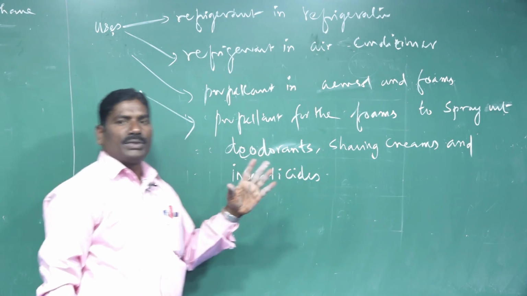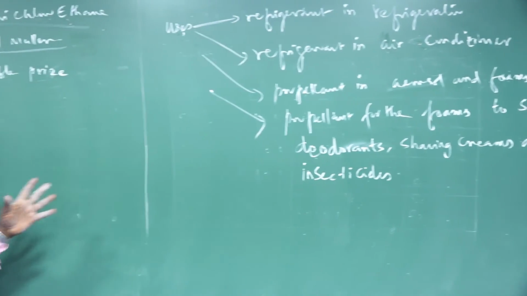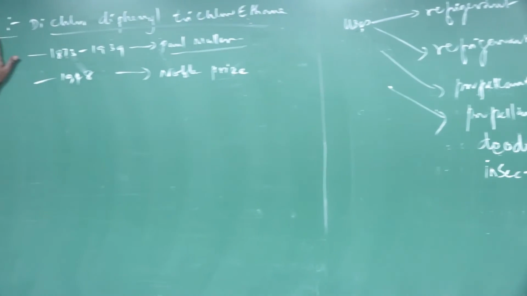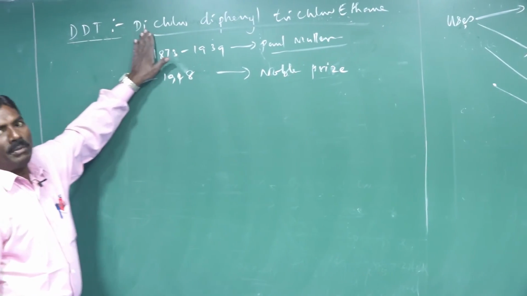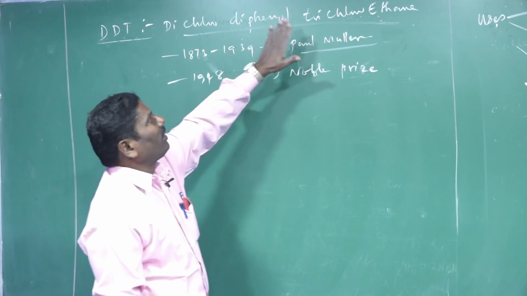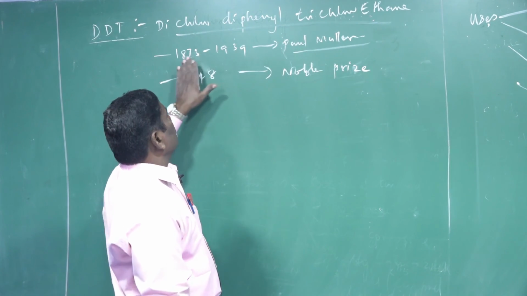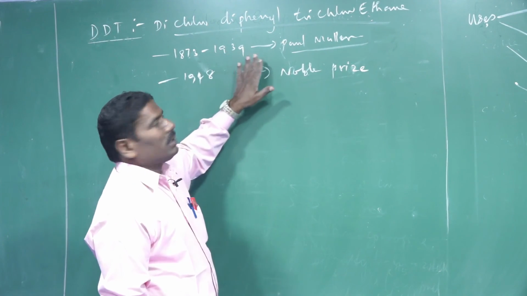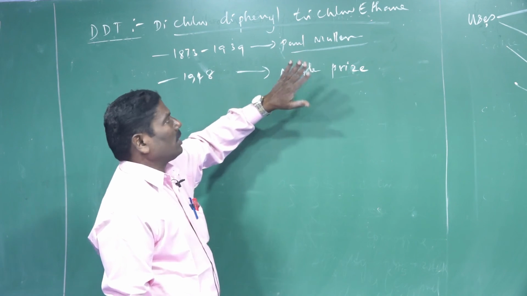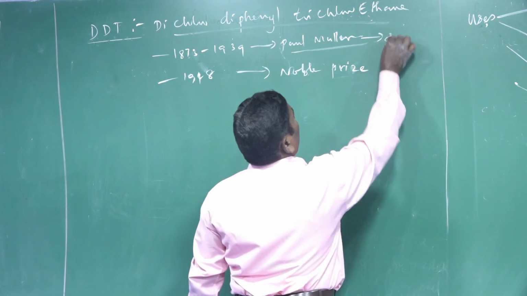Next we are going to see the concept of DDT. What is DDT? DDT is dichloro diphenyl trichloroethane. It was discovered by Paul Muller.